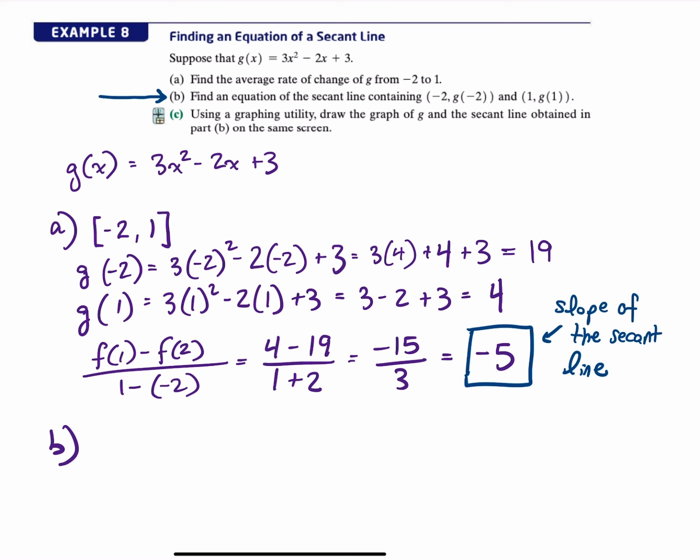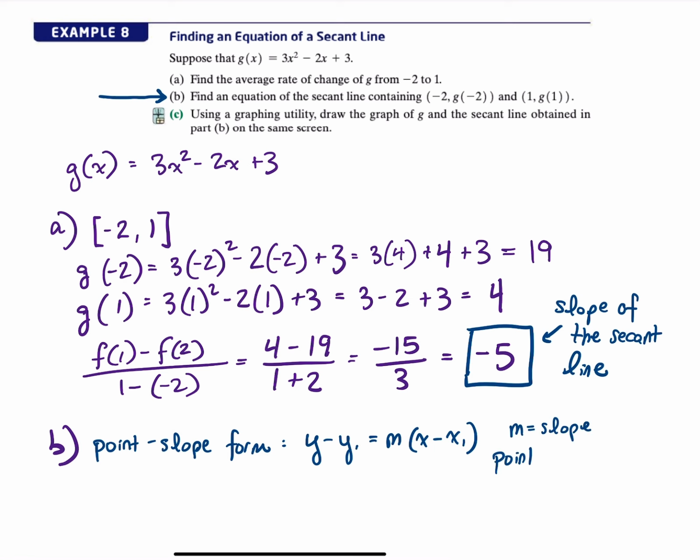So there's different ways you can do it. You can plug it into slope-intercept form. I like to use point-slope form. So the point-slope form of a line, just to recall, looks like y minus y1 equals m times x minus x1, where m is the slope, and you know one point on the line.